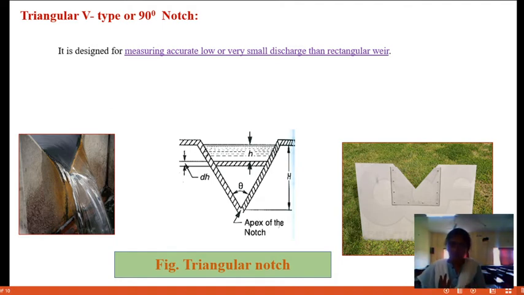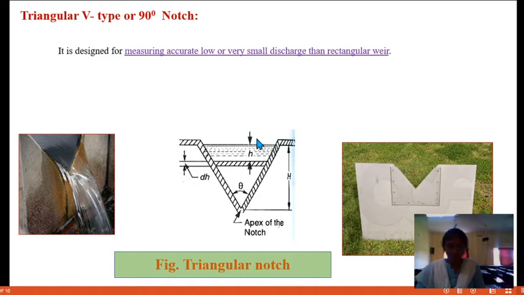In this triangular notch, the main thing we have to consider is the angle. Whatever the angle is, we have to consider that angle while calculating the discharge. So this has a total angle theta, where theta may vary according to the channel width.